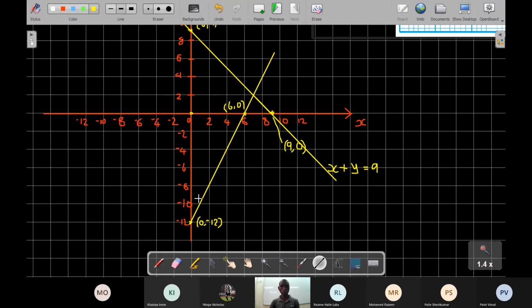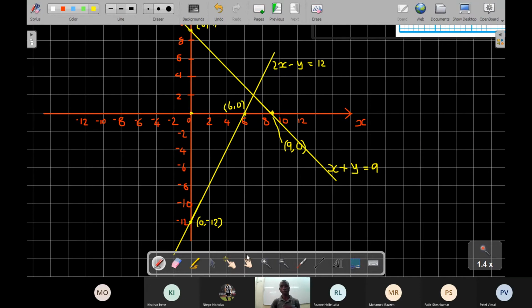You draw it until that line crosses the other one, and this line was 2x minus y, which is equal to positive 12.